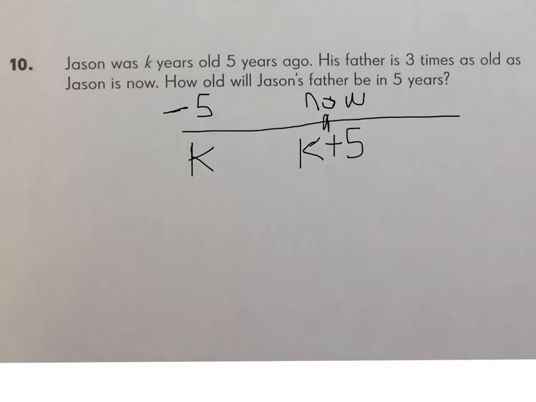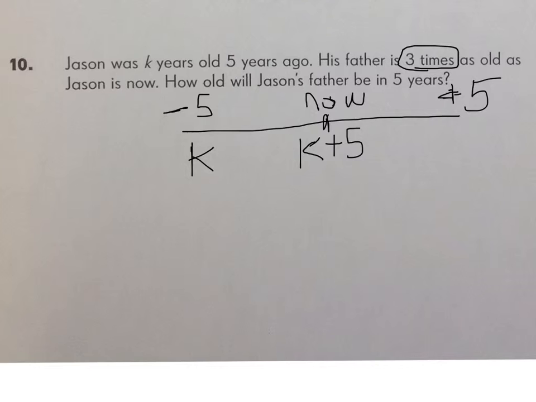And if I want to go further ahead, because I am eventually going to want to go 5 more years, I would go K plus 10. But let's hold up on that for a second. Let's see what we got here. His father is 3 times as old as Jason is now.